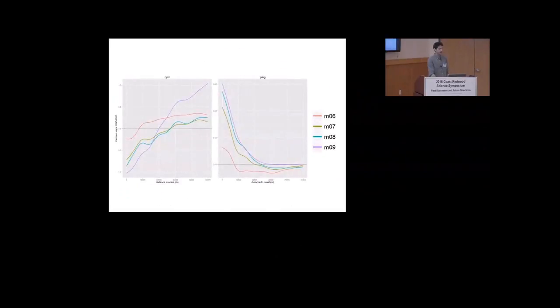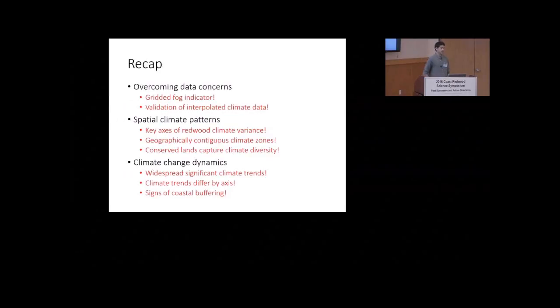I'm going to skip over that and just leave us with this little recap of the answers to those key questions. So we think we were able to develop a good indicator of fog through coastal California.